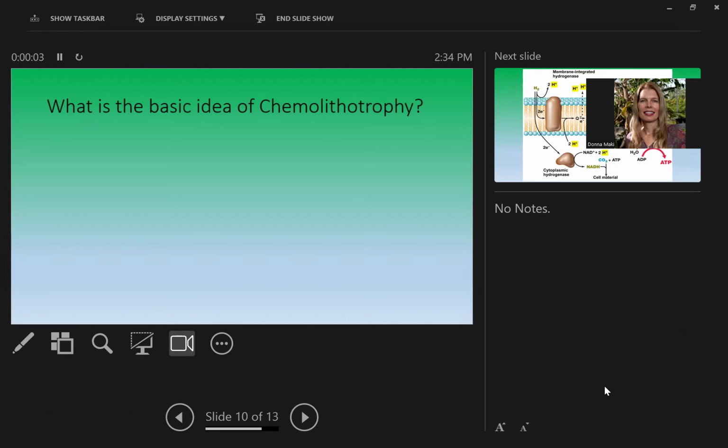This is another concept that we covered. A lot of the microbes that are responsible for recycling elements on Earth, the chemolithotrophs, are very, very fundamentally important for that. So chemolithotrophy.